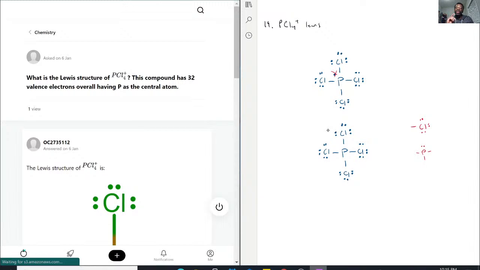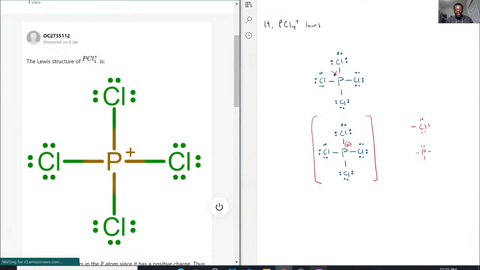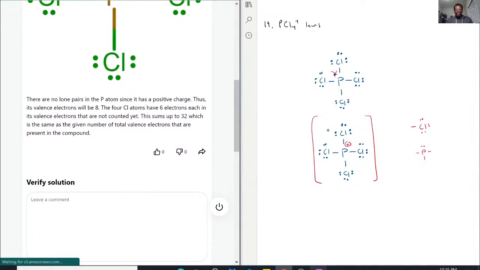When you replace a lone pair with a bond, you go into the more positive direction, which is why this phosphorus is where that positive charge is. So this right here is conveniently the Lewis structure for the phosphorus tetrachloride ion. And there you have it. This is what we get. And nonetheless, this is correct.